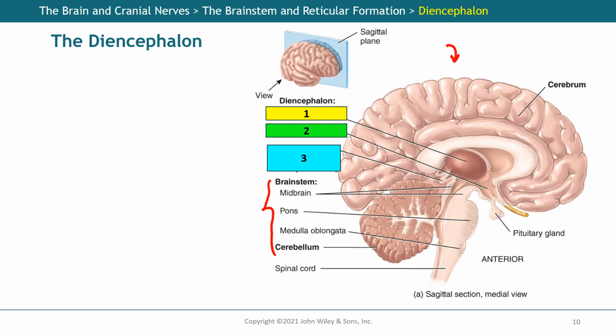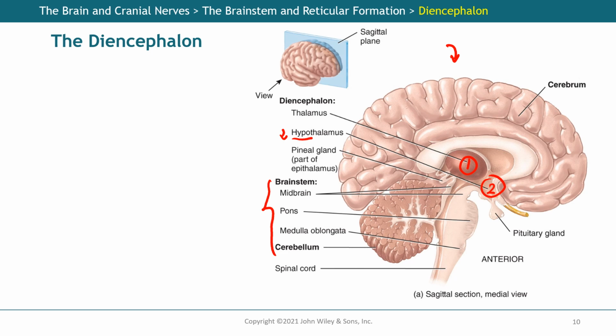It includes this first area, which represents most of the diencephalon, the thalamus. Below the thalamus, always below the thalamus, remember, is the hypothalamus. And pretty easy, hypo means lower in Greek. So many times when you hear the prefix hypo, it means lower.